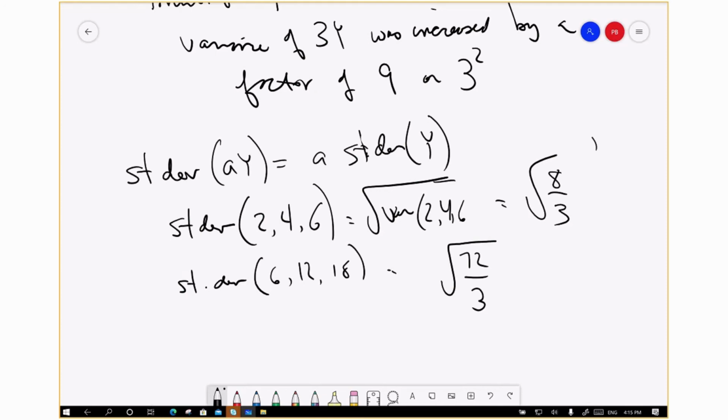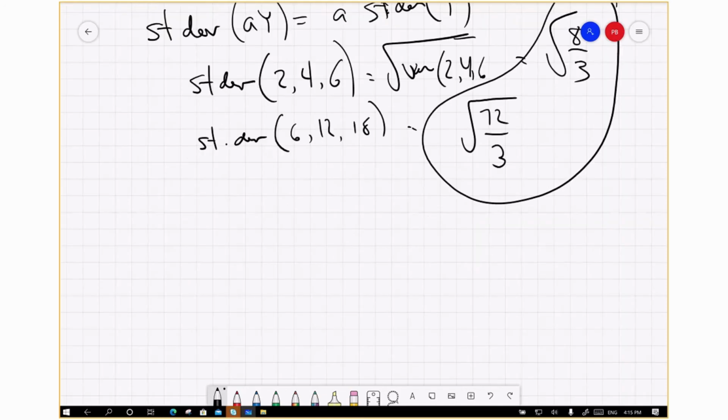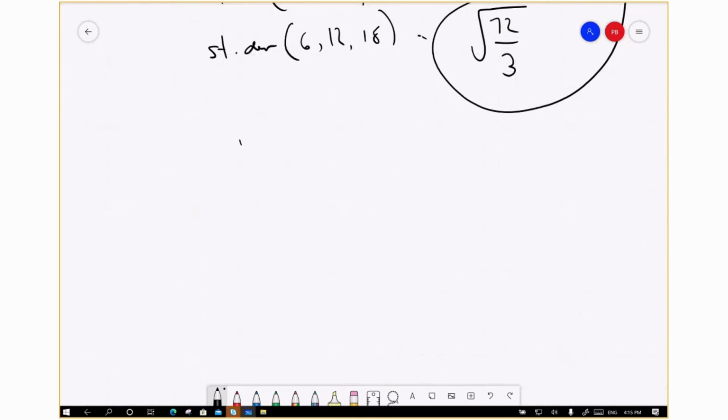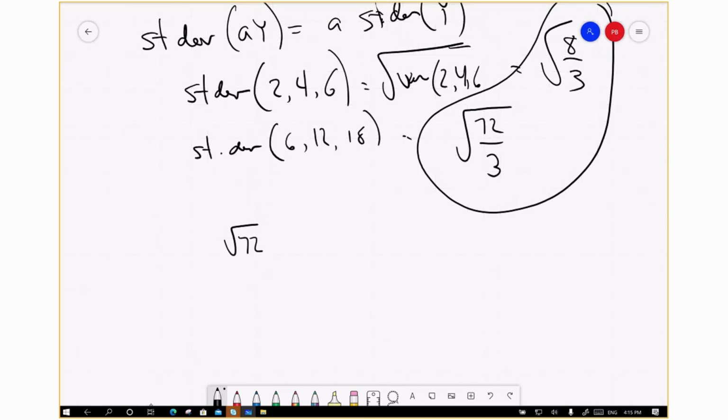If we think about the ratio of these two numbers, it is the square root of 72 divided by the square root of 8, which is the square root of 72 over 8, the square root of 9, which is equal to 3.